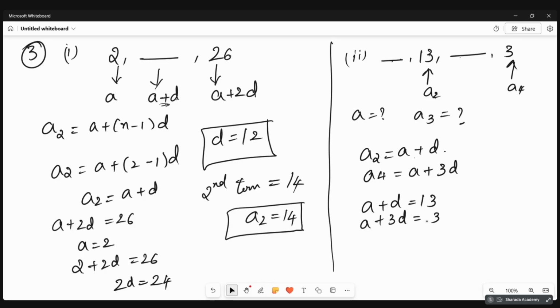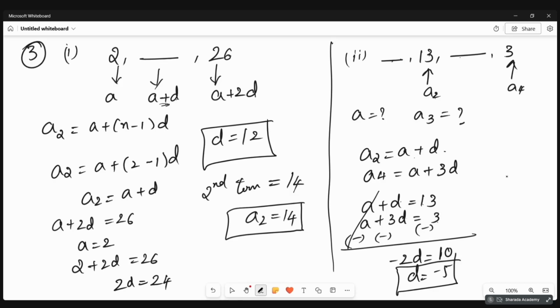Okay, 2 equations you will get, 2 unknowns. To solve for them, use the elimination method because A will always be there, right? If you take the minus sign here, I can directly cancel and you will find D minus 3D will be minus 2D. That is equal to 13 minus 3, 10. D is equal to minus 5.